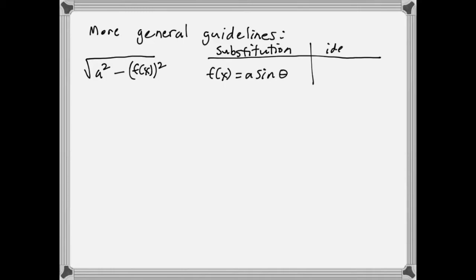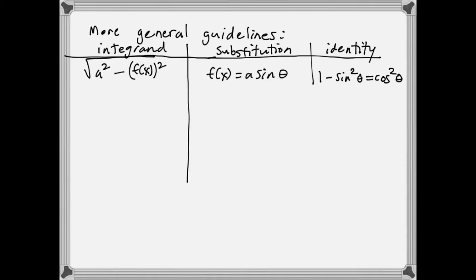And the identity that you're going to use is 1 minus sine squared theta is cosine squared theta. So this is what appears in the integrand. So this is our little table here. So that's our first one.